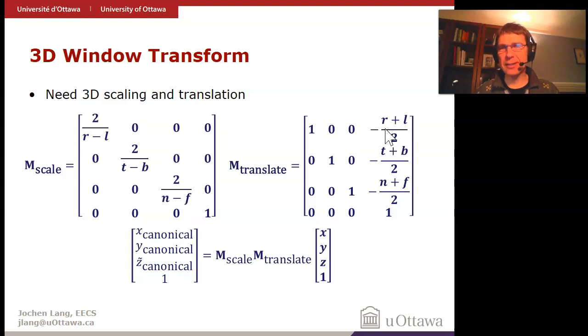When you look at the distances, we're going right plus left divided by 2. So this is the center in the right-left direction of the rectangular area. And then we have top plus bottom divided by 2. That's the center in the height. And then we have near plus far divided by 2. Again, that's the center in the z dimension.